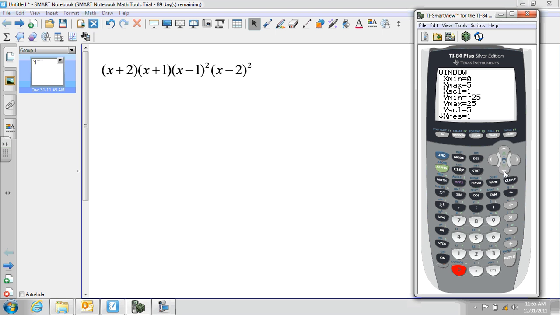I left my scale at 1. And I changed my Y values, so I didn't want to see all the way down to the bottom. I changed my Y values to -1 and then +5. So I really wanted to zoom in on this part of the graph. And I changed my scale on the Y also to 1. Now I pushed Graph again.